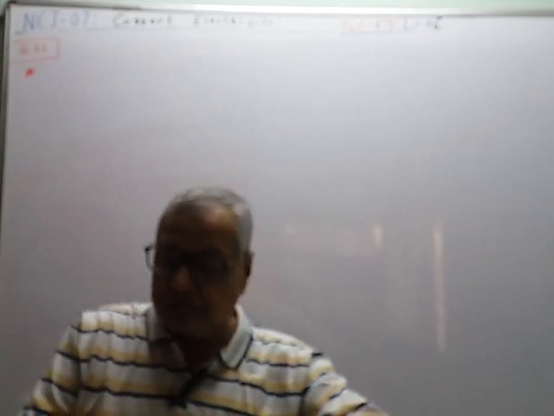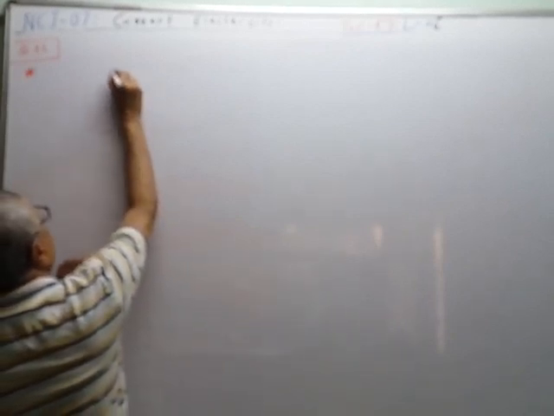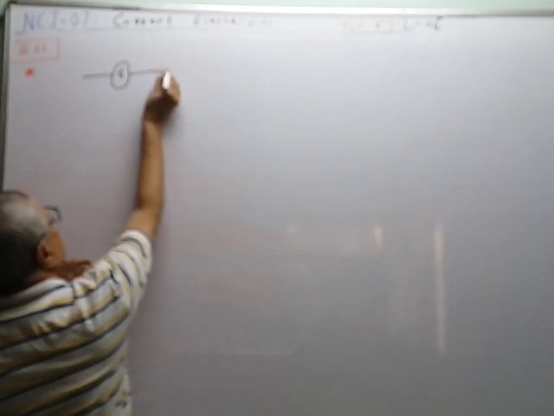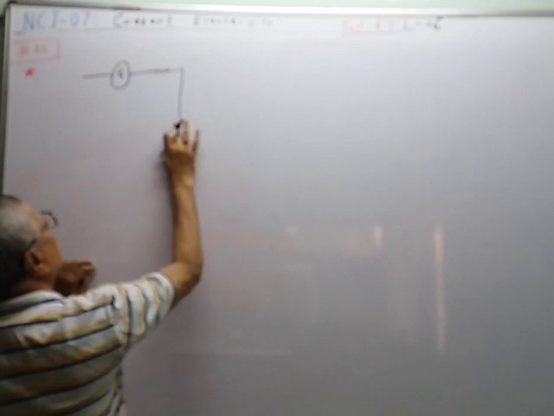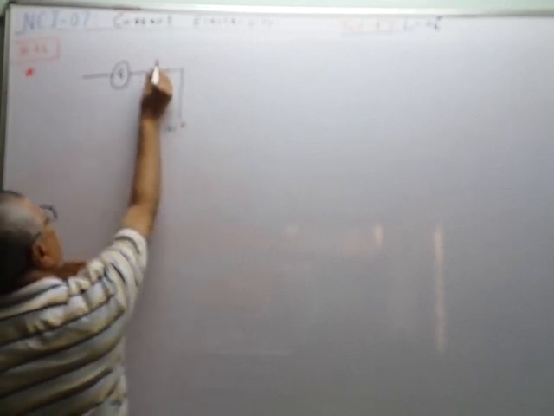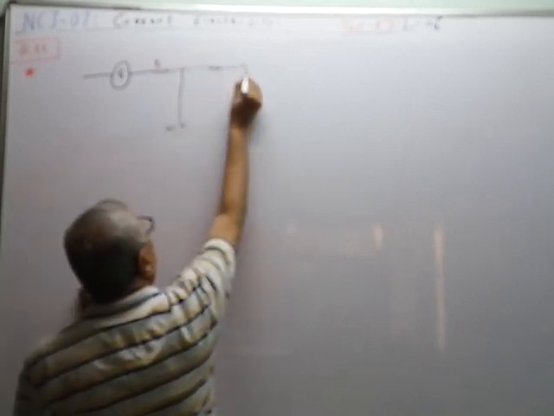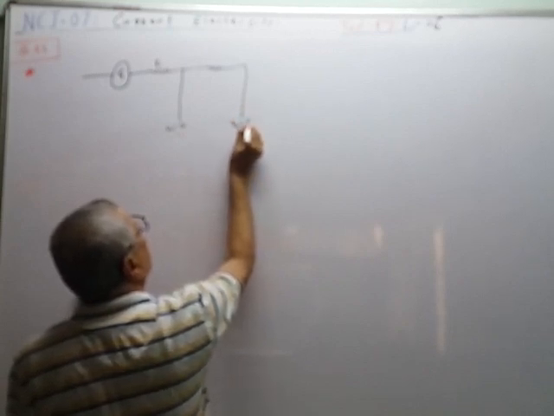So diagram is given like this. So this is the galvanometer. This is the first series resistance R1. It is for V1 is equal to 1 volt range. This is R1. So we have to decide R1. This is V2 is equal to 10 volt.